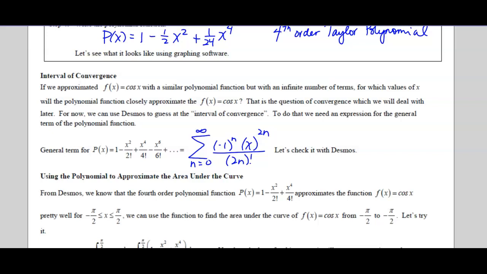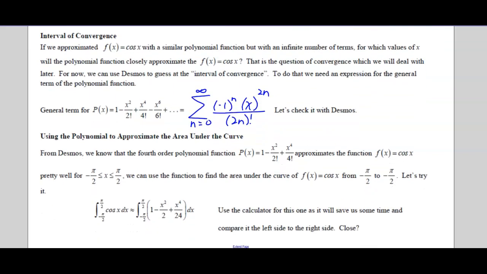So, as I noted there, it works pretty well from negative pi over 2 to positive pi over 2. For that particular function that we just did, I put it in Desmos and kept increasing the a value.